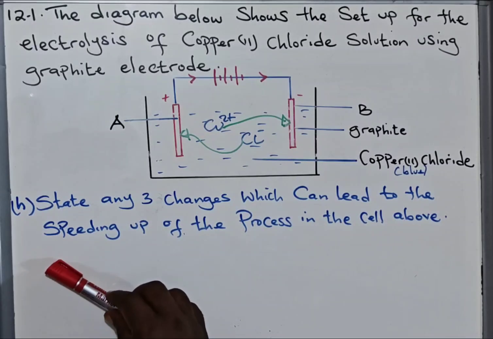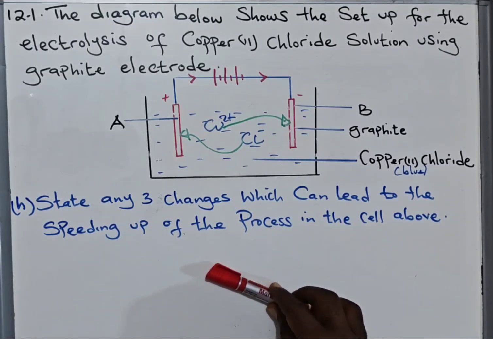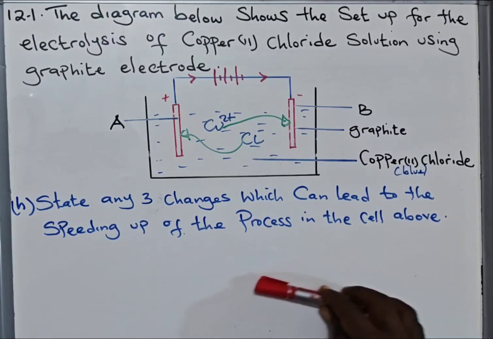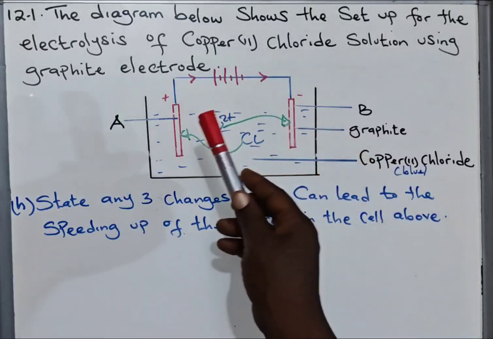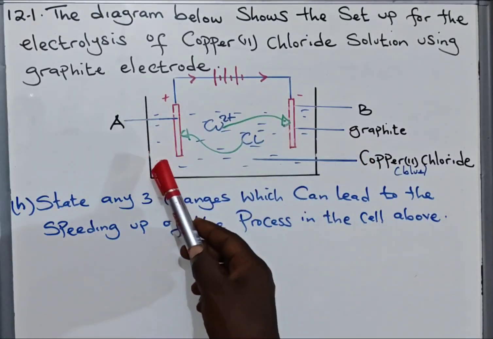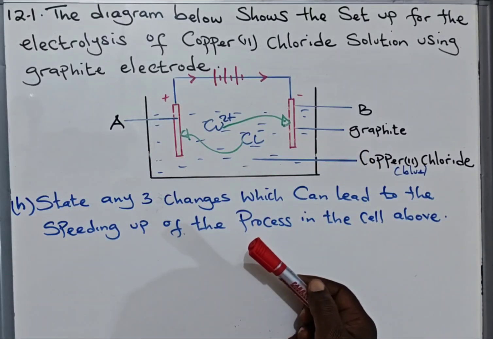Yeah, then we come to this one. It says that state any 3 changes which can lead to the speeding up of the process in the cell above. So what can we change here to make this process become faster?